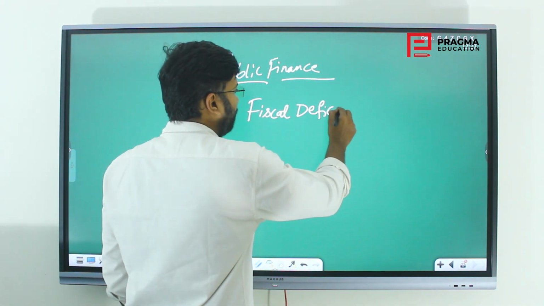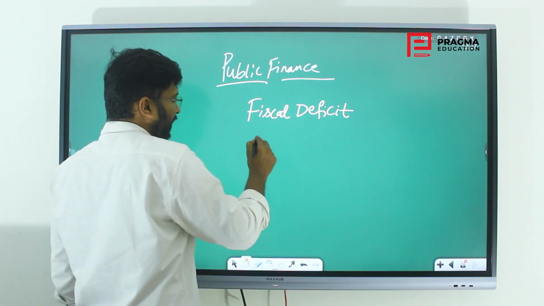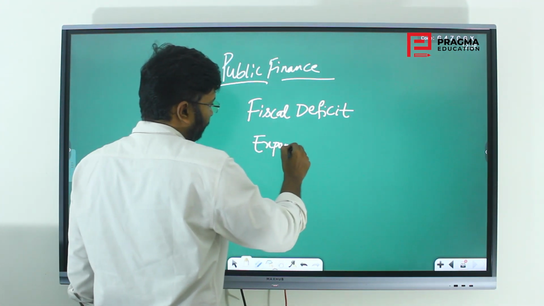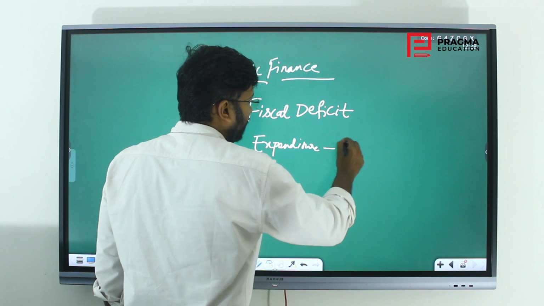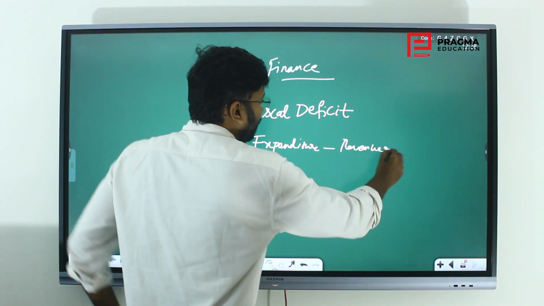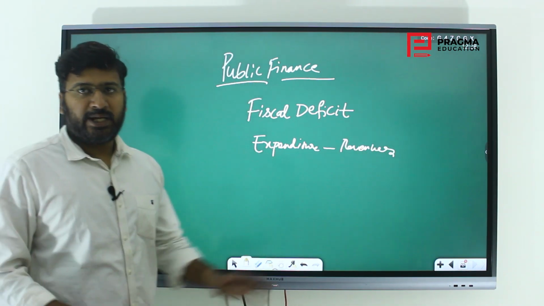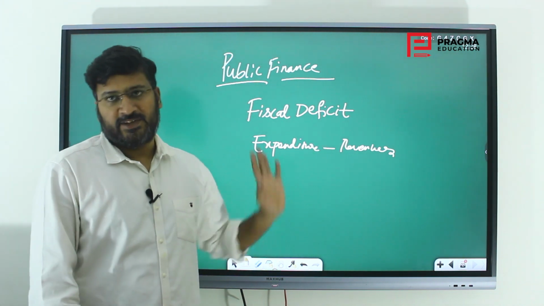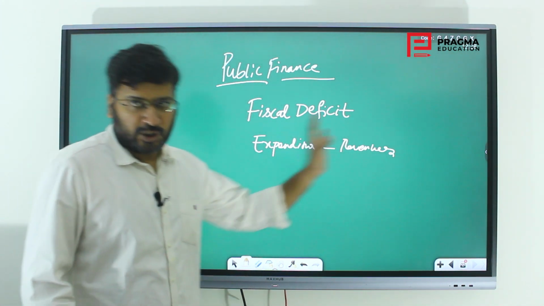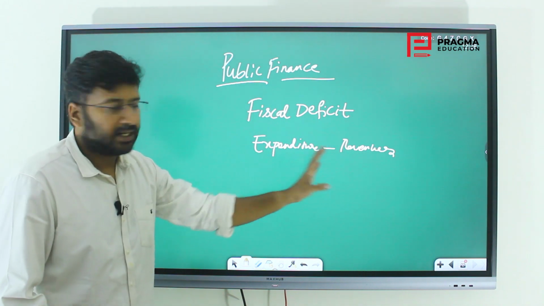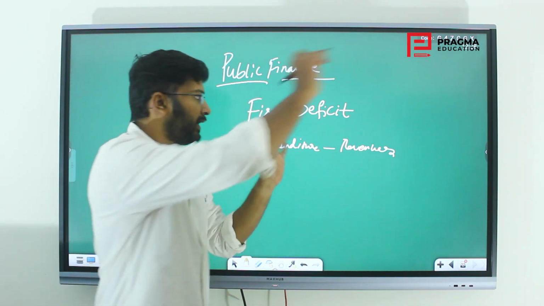For now, you remember it as something like when your expenditure is more than your revenues, means your spending is more than your income, there will be a deficit. So when this happens to the government, it is called fiscal deficit, and the government will have to get money.